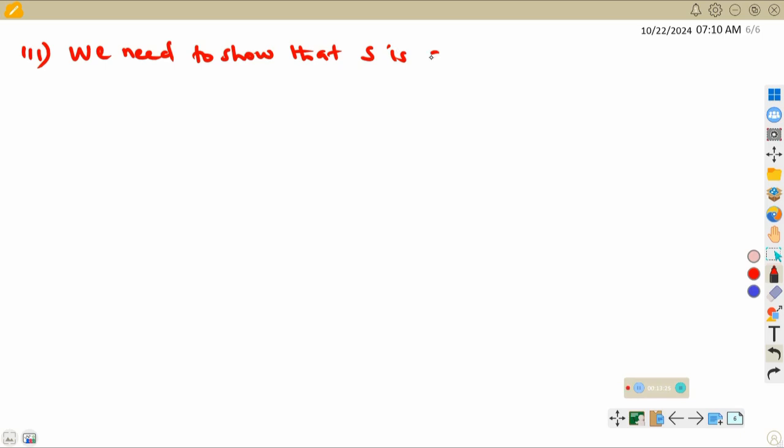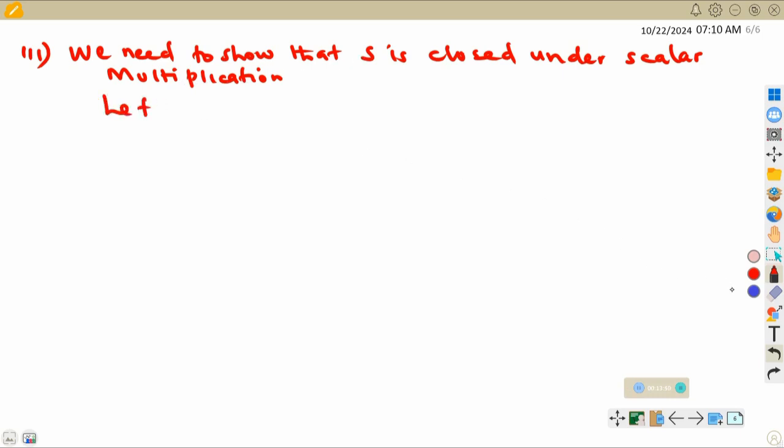We need to show that S is closed under scalar multiplication. So in order to show that S is closed under scalar multiplication, what do we need? We need a vector from S, for example P, to be an element of S. We also need alpha to be a scalar.